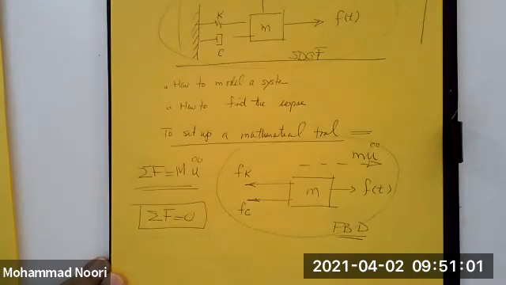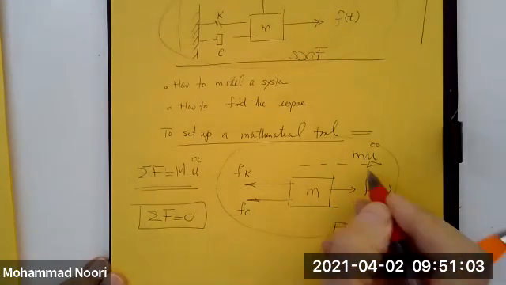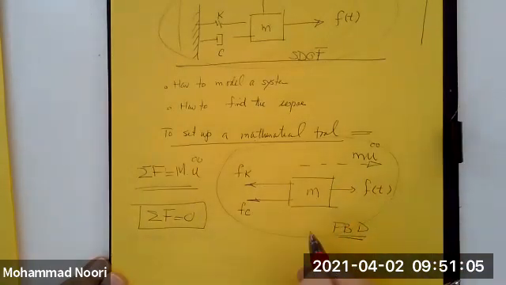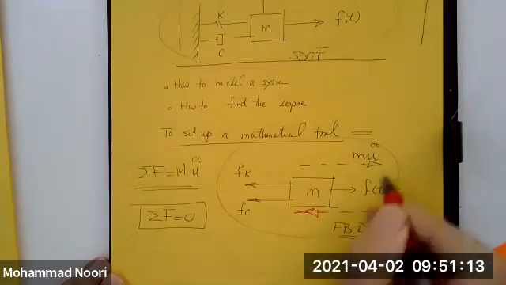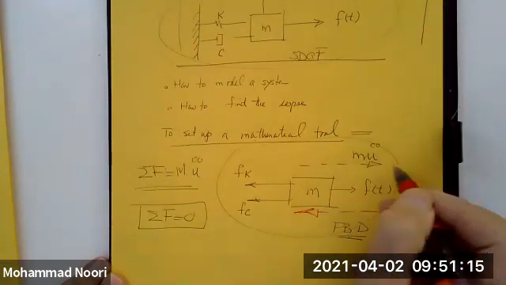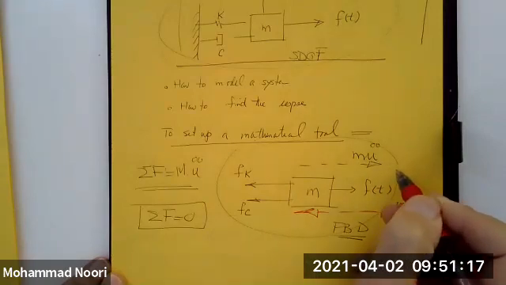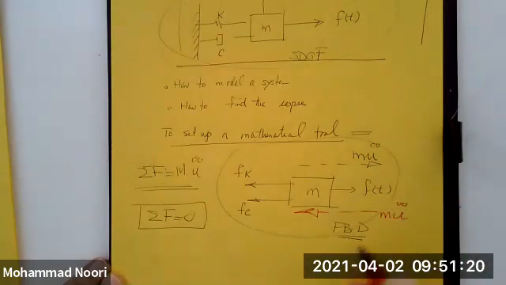So now, wait a minute. If this is my vibratory system, and I put a force like this, which is resisting this force, in other words, it is acting in the opposite direction of the force, this system is going to be in equilibrium.